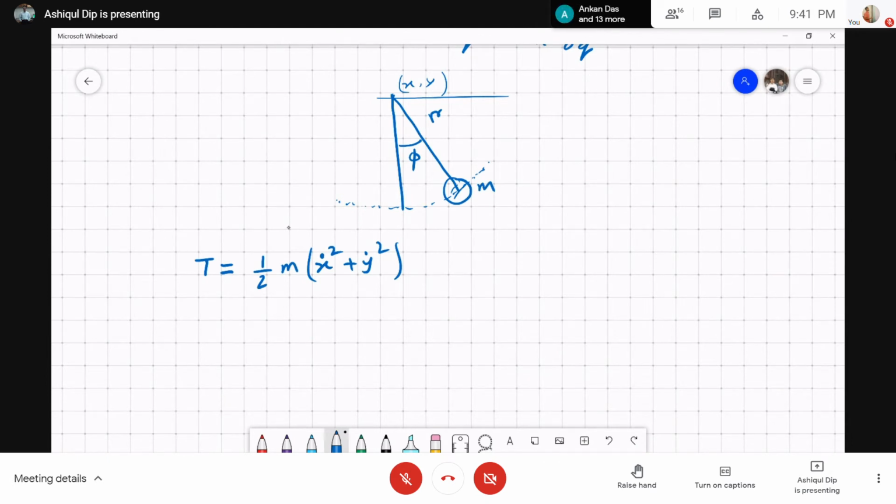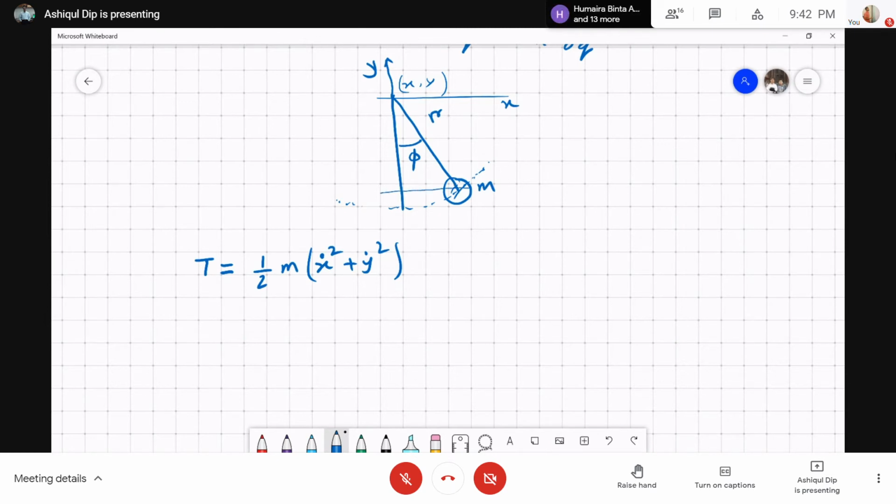We consider the vertical axis as y and the horizontal axis as x. You want to do the opposite way, that I understand better. So I want this one as my y. Okay, great.